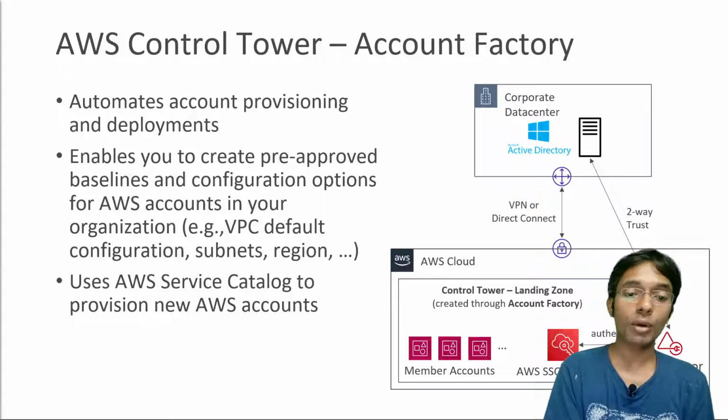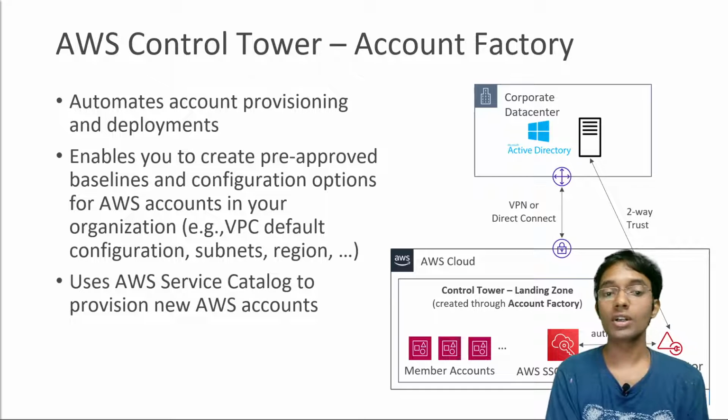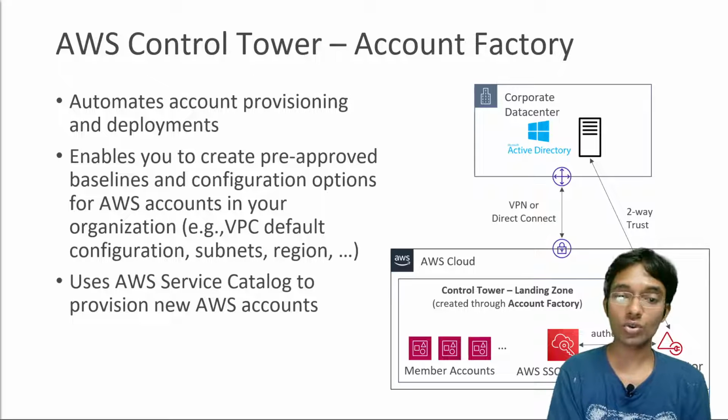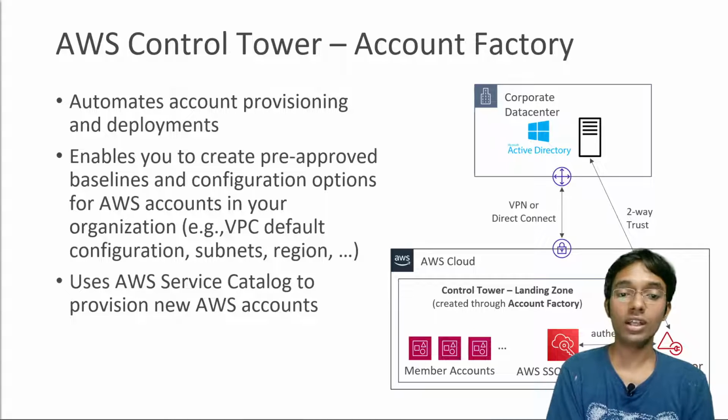We have a cloud computing environment, and we have a data center with an ADFS and an Active Directory. Now we are going to establish a VPN or Direct Connect connection between the cloud and the corporate data center. In the Control Tower landing zone that we create through the Account Factory, we are going to have an SSO directory linked directly to the AD Connector, with a two-way trust with Active Directory Federation Services.